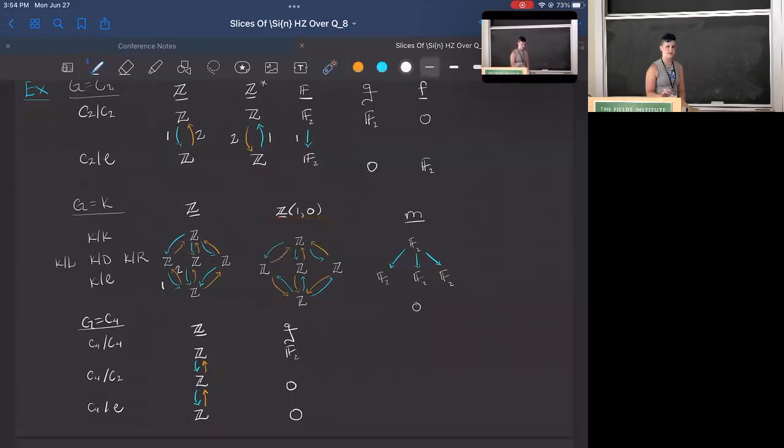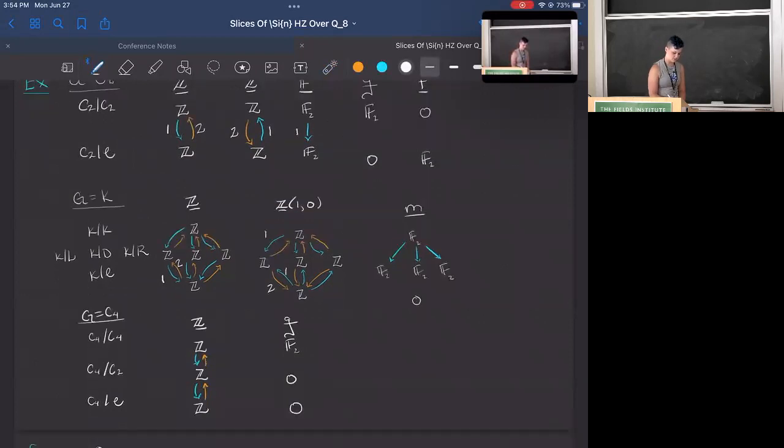So again, all of the Weyl group actions are trivial, but now at the bottom we look like Z dual, and at the top we look like Z. And then we have this Mackey functor called M because it looks like an M, where we have an F2 in the 4 upper spots and a 0 at the bottom, and then our non-trivial restrictions are the identity.